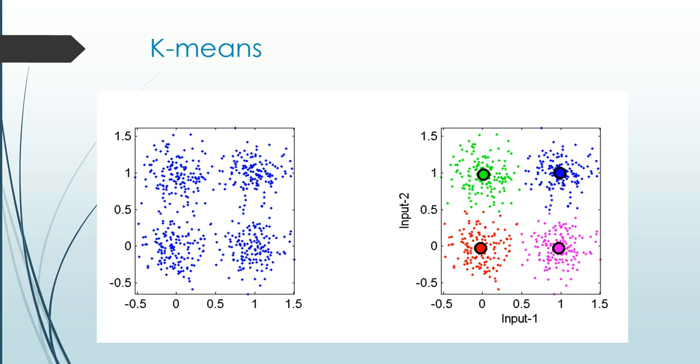But how do we come up with this? How can we make an algorithm do this automatically? Basically the outcome of k-means is shown on the right. As you can see here, it was able to segment or cluster these 4 groups of elements. So let's see how this is performed.